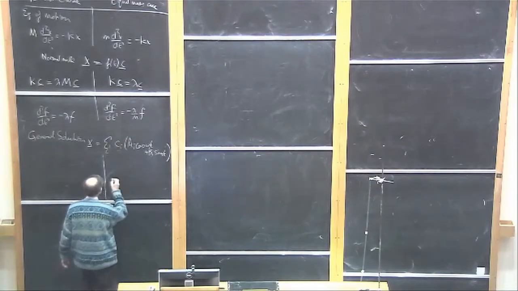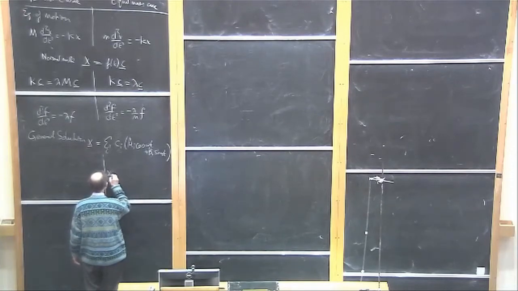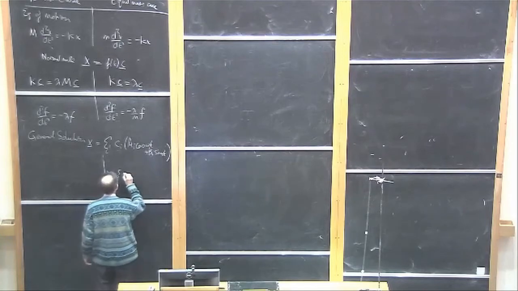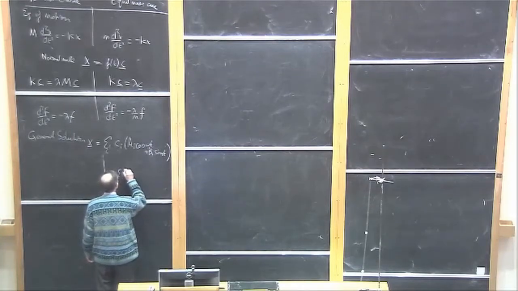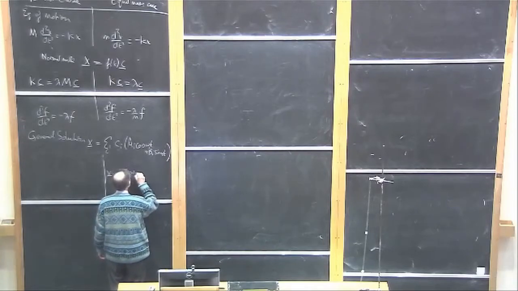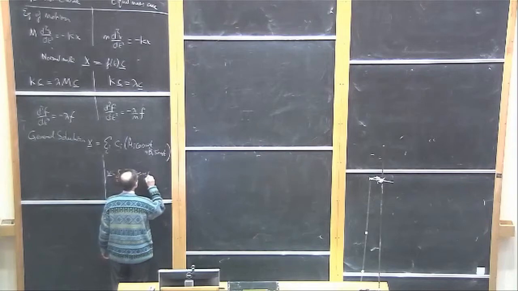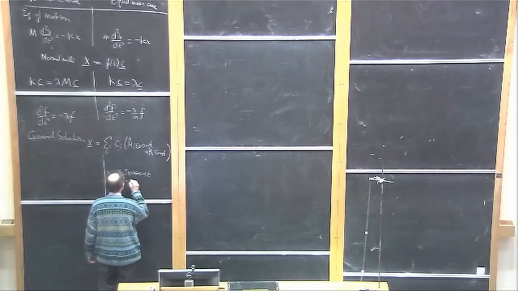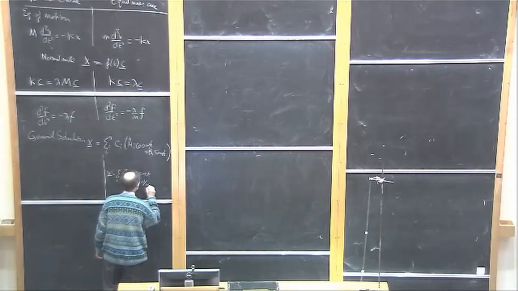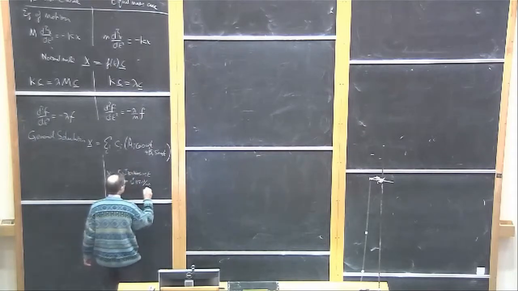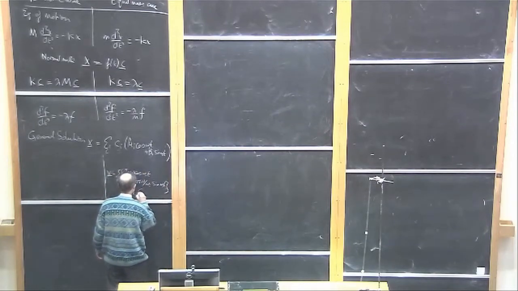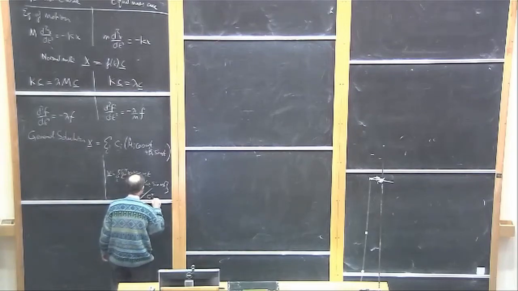So in the simple case, it's x is sigma over i Ci transpose x of naught cos omega i t plus Ci transpose v of naught over omega i sine omega i t, all of that times Ci over Ci transpose Ci.